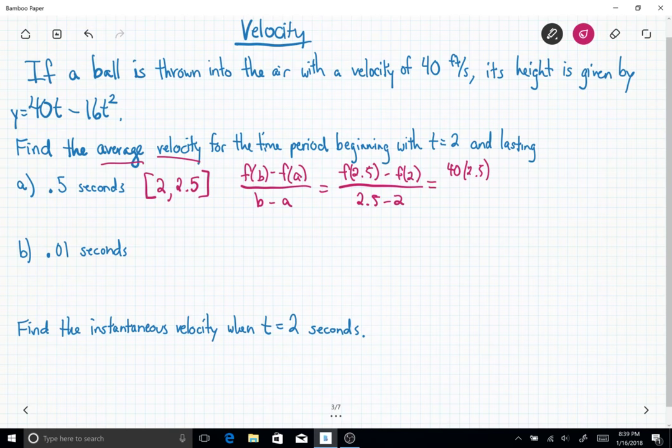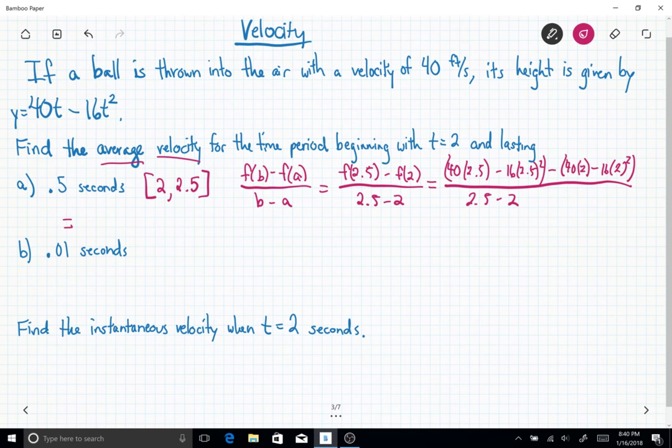times 2.5 minus 16 times 2.5, the quantity squared. So that's all f of 2.5 minus, so now we go 40 times 2 minus 16 times 2 squared all over 2.5 minus 2.